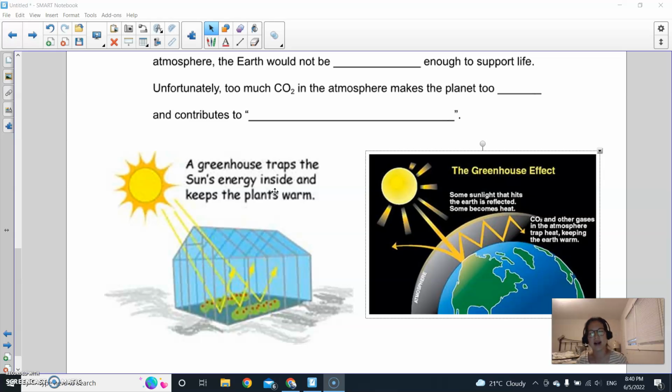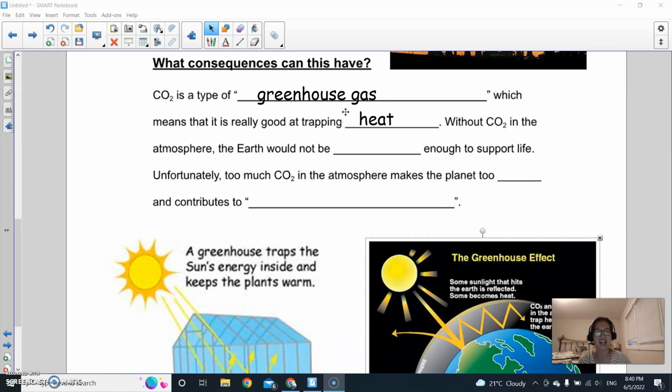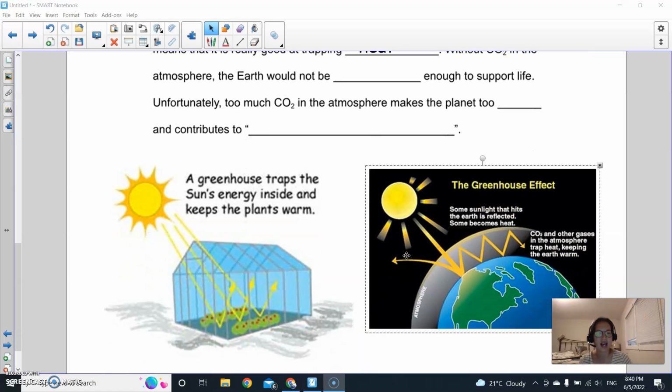When we talk about the greenhouse effect on the Earth, these greenhouse gases act as a greenhouse. The gases that accumulate in the atmosphere act almost like a blanket to trap the heat inside the Earth's atmosphere.